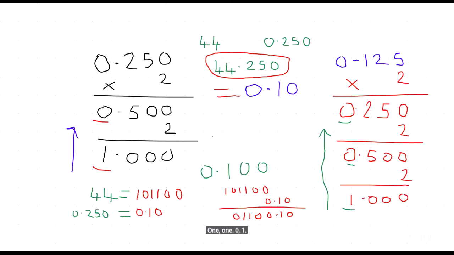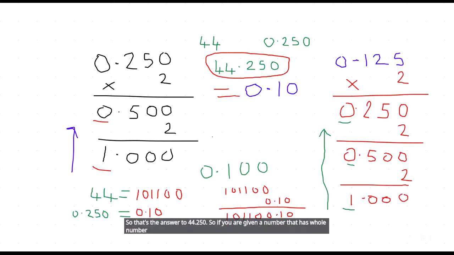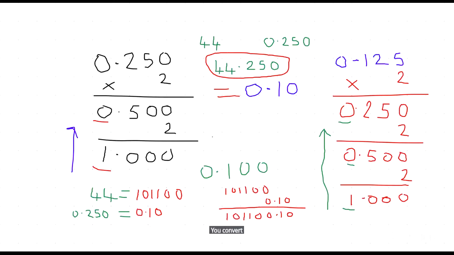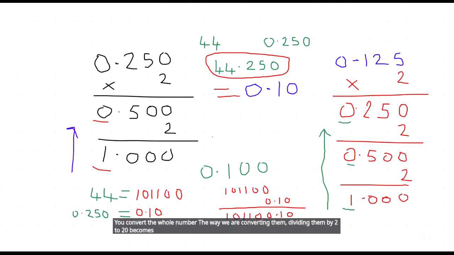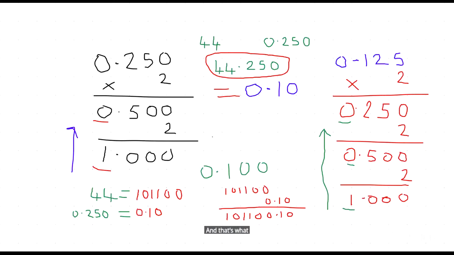So that's the answer to 44.250. If you are given a number that has a whole number and a fraction side, you convert the whole number by dividing by 2 until it becomes 0, you convert the fraction side by multiplying by 2 until it becomes 0, and you add. I'm done with decimal to binary, and we have 20 minutes to go.